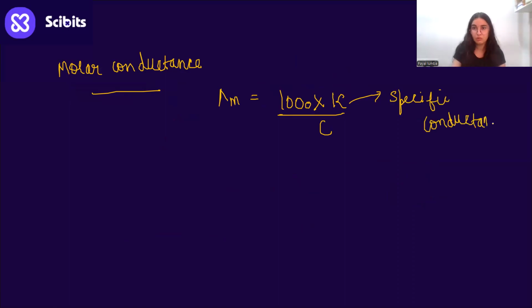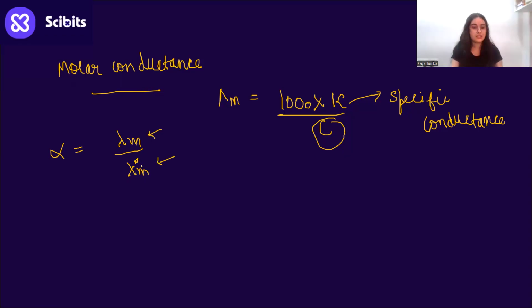They will give the value of specific conductance if they ask you to calculate the molar conductance. Then, if you have to calculate the degree of dissociation, it will be lambda m, the molar conductivity at the particular conditions, upon molar conductivity at standard conditions. This is the degree of dissociation.